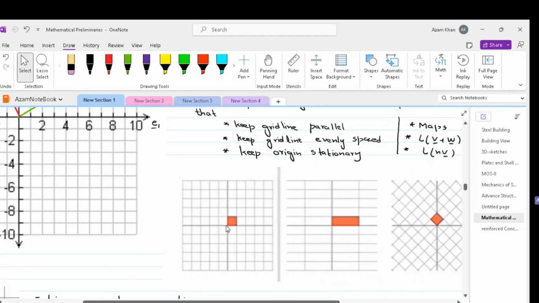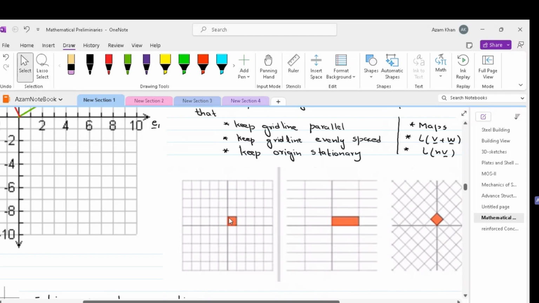So imagine we have this system, and in this system we can see a red square. Every side of this square can be considered as a vector. Now, if we apply the linear map on each and every vector, after transformation, imagine we get something like this. Instead of a square, we get a rectangle.